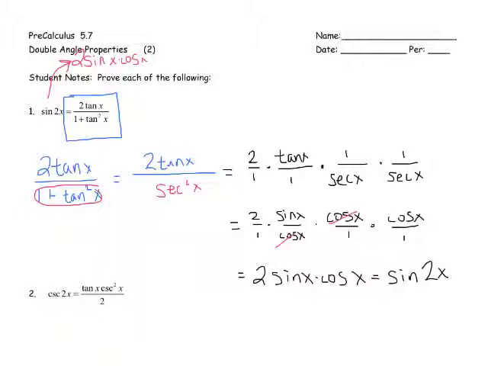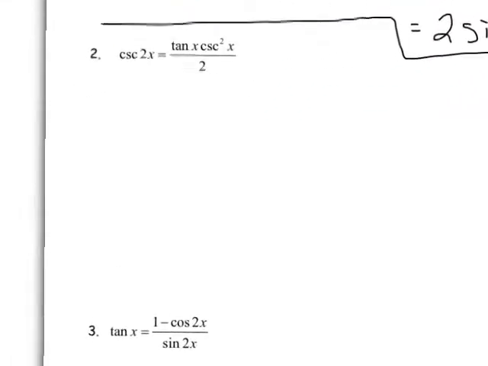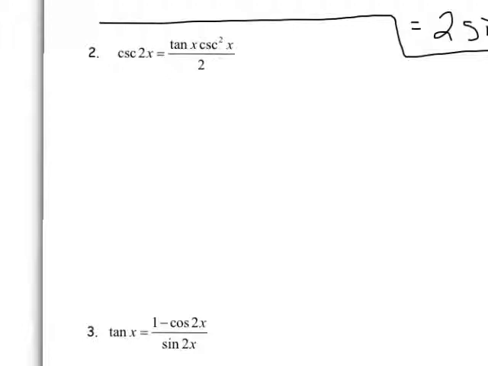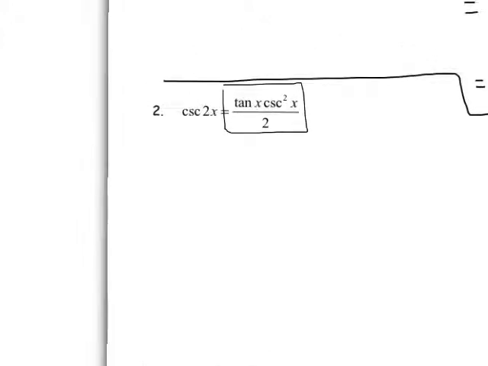All right, let's do the next one. The next one's actually very similar. We're even going to do that first step of getting an idea of where we're headed before we do this. So even though I'm going to start on that right-hand side, just off to the side, make a mental note or a physical note of what cosecant of 2x is. Cosecant of 2x is another double argument.